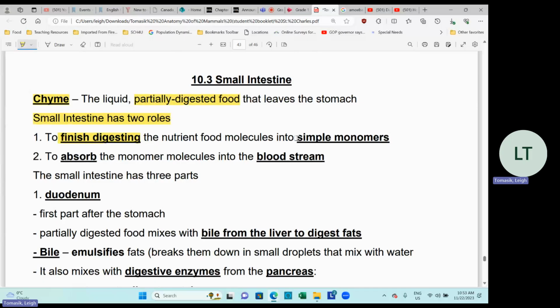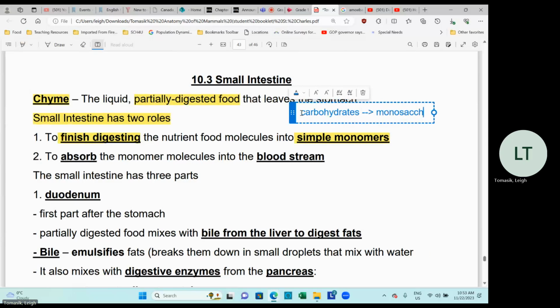The small intestine takes the nutrient food molecules and breaks them down into monomers, right? So it will break down carbohydrates into monosaccharides, like glucose.